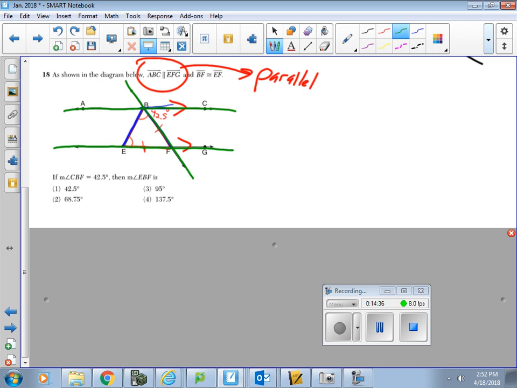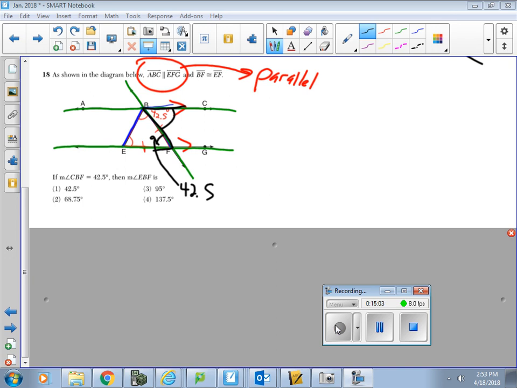So Z-test is going to be right here. So that means these two angles, this one and this one, are the same. So that means that this is 42.5, all right? And let's look at the diagram and see what else we know.